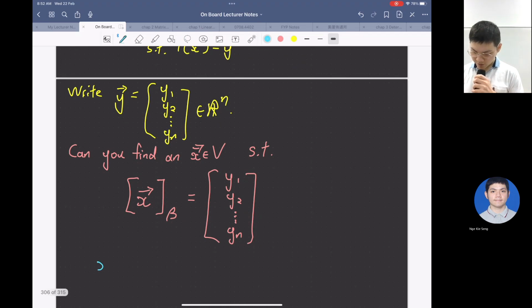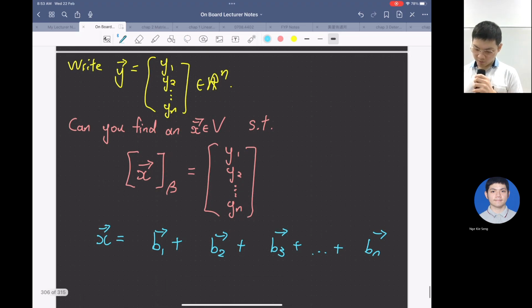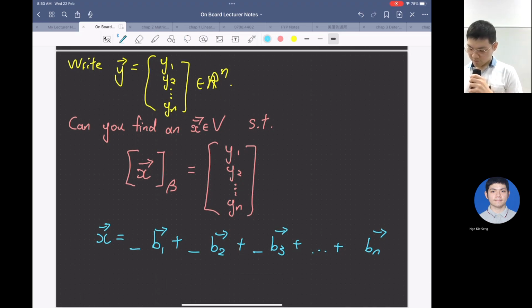So what do you need to put in front of your basis such that when you read the coefficient out, you get exactly y1 up to yn?